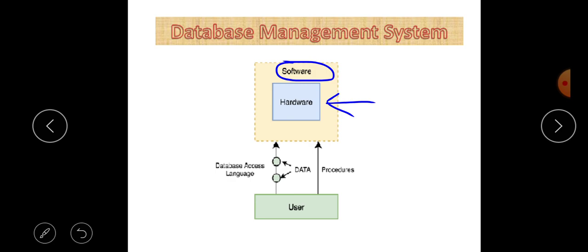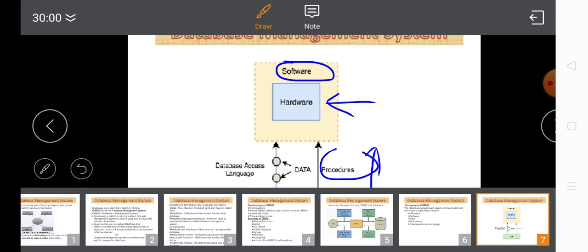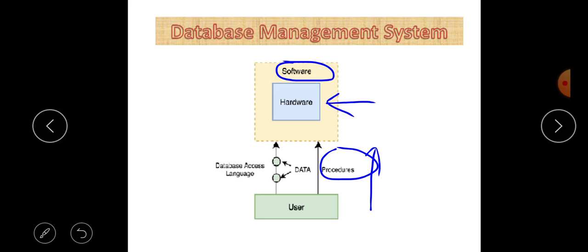And you can see that from user to this box, hardware and software, there is an arrow in which procedure is written, and also there is an arrow pointing from user to hardware, and data is written, and the point that is written on that arrow is the database access language, and 2 points are there, that is called the data.